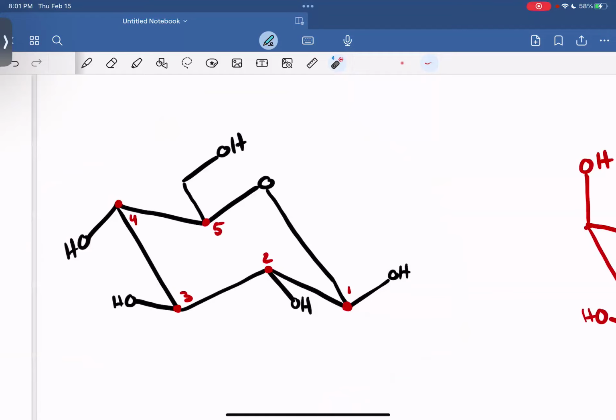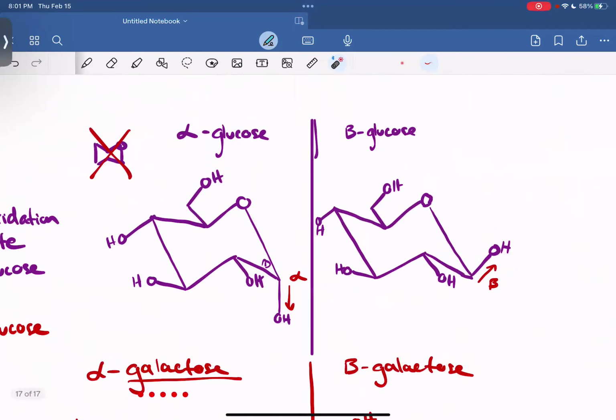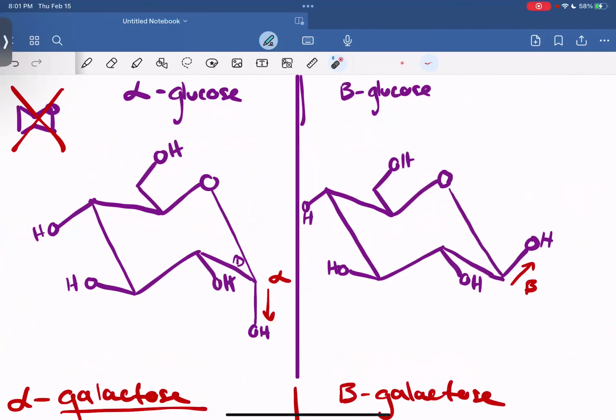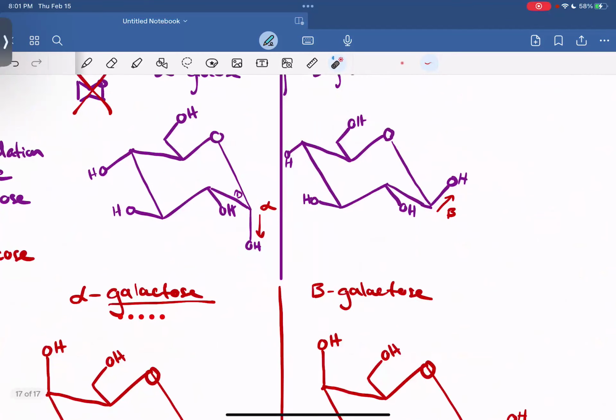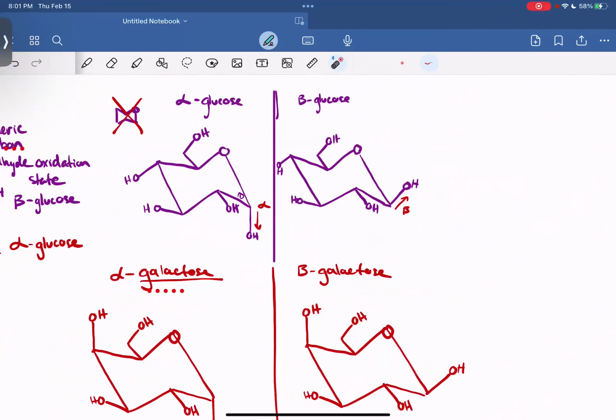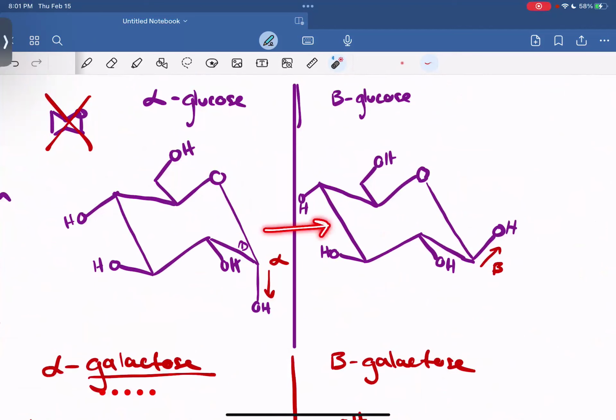So the relationship between these are all diastereomers of each other because some but not all of the stereocenters are flipped. For example, if we compare these two with each other, this stereocenter changed from beta to alpha. So one of the stereocenters changed.